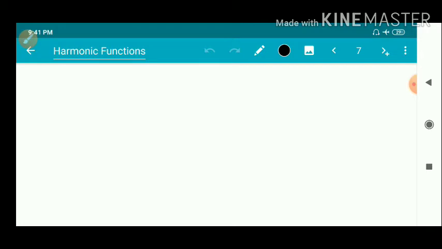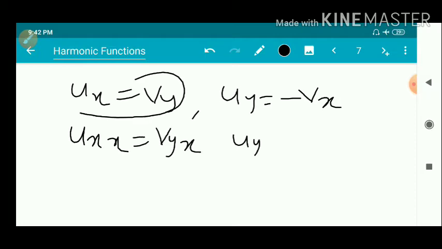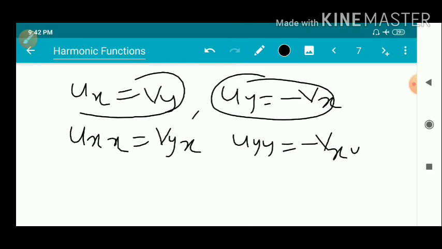Since f(z) is analytic, the real and imaginary parts satisfy the Cauchy-Riemann equations by the previous theorem. That is, ux equal to vy and uy equal to minus vx. So we find uxx: we get vyx, and for uyy, differentiating both sides with respect to y, we get minus vxy.